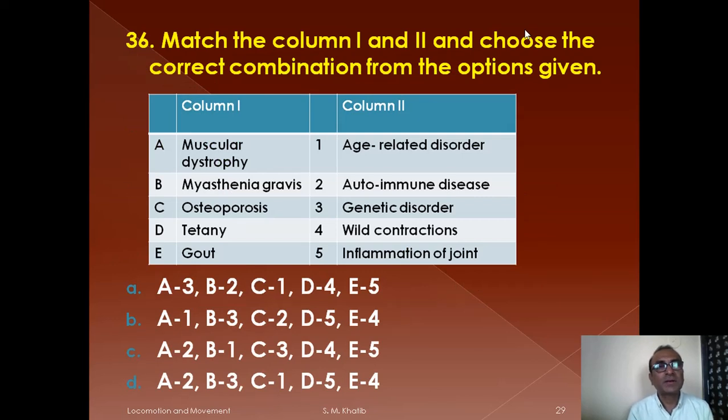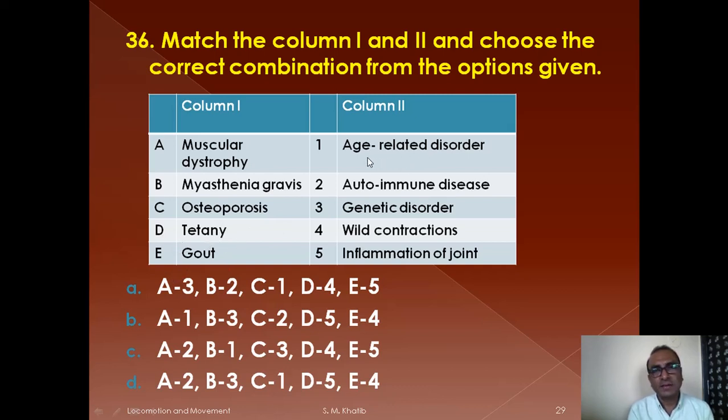Question number 36. Match the column 1 and 2 and choose the correct combination from the options given below. Now here in column 1 you have the list: capital A, muscular dystrophy; B, myasthenia gravis; C, osteoporosis; D, tetany; and E, gout.